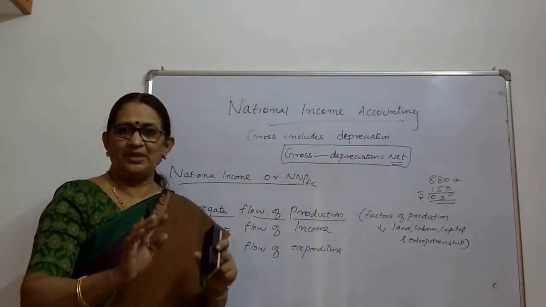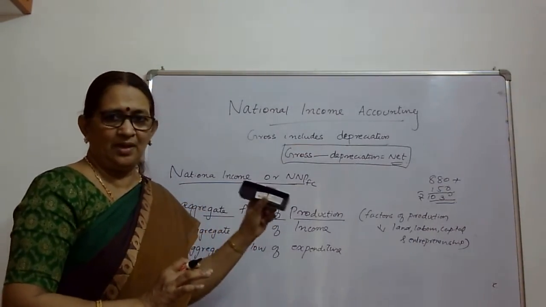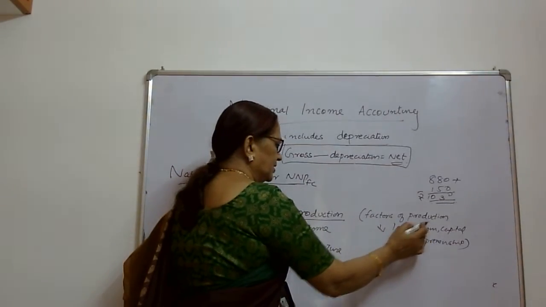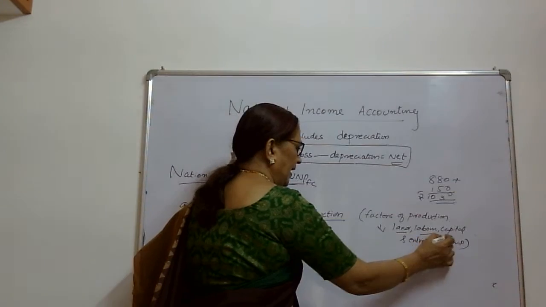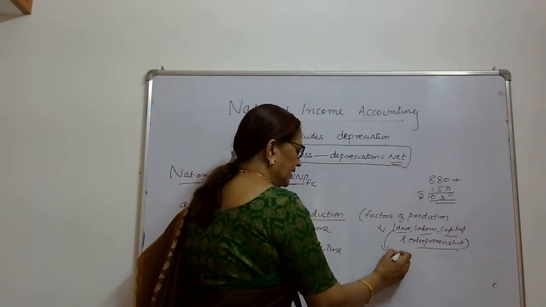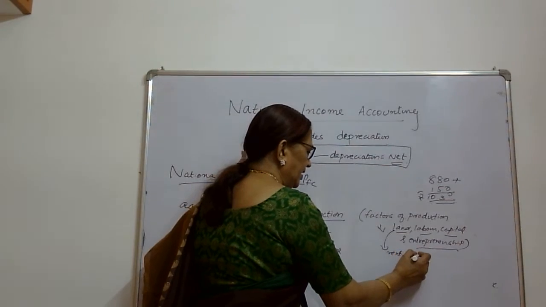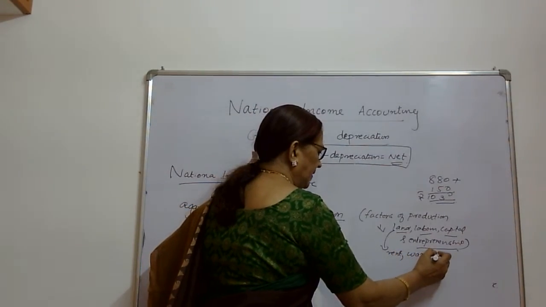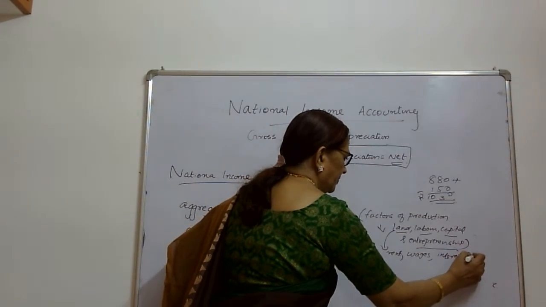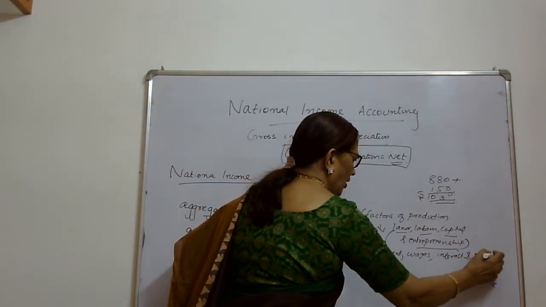So household is providing this service to the production units. So factor inputs, their land, labor, capital, entrepreneurship derive an income. Land gets rent, labor gets wages or salary, capital derives an interest, and entrepreneurship or entrepreneur gets a profit.